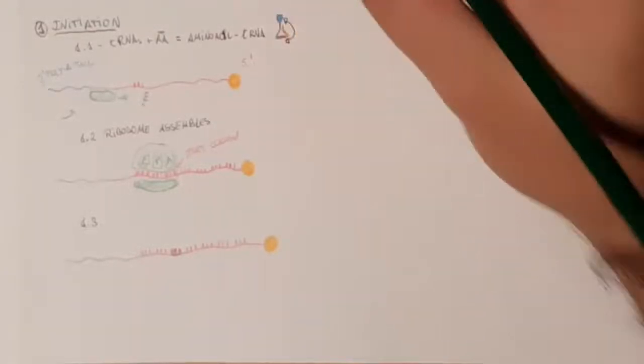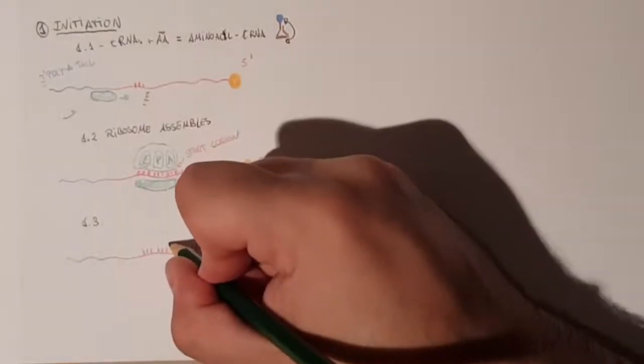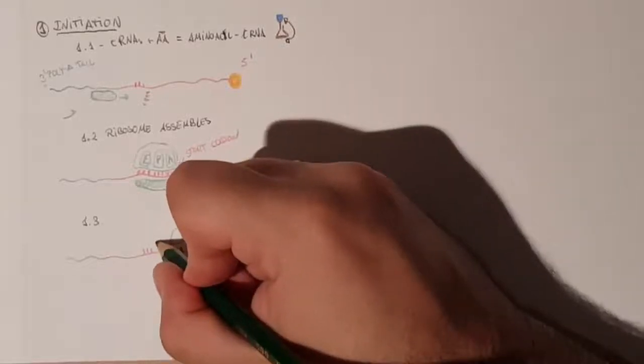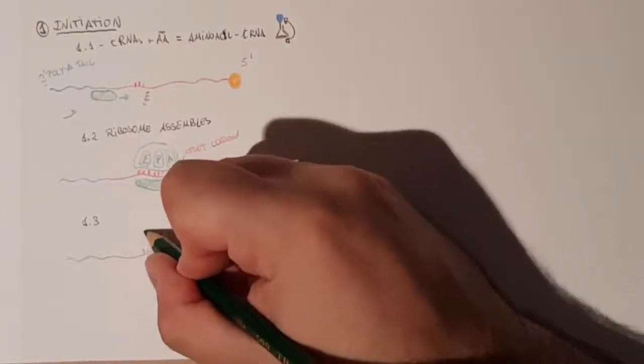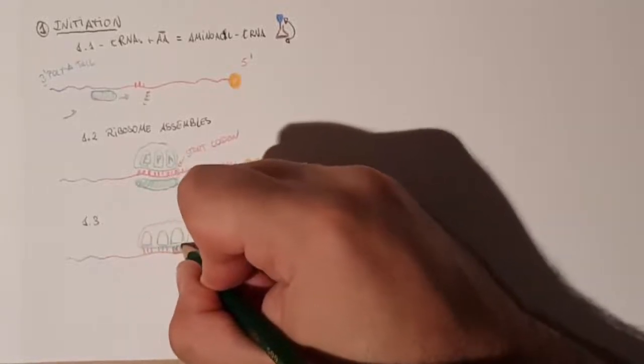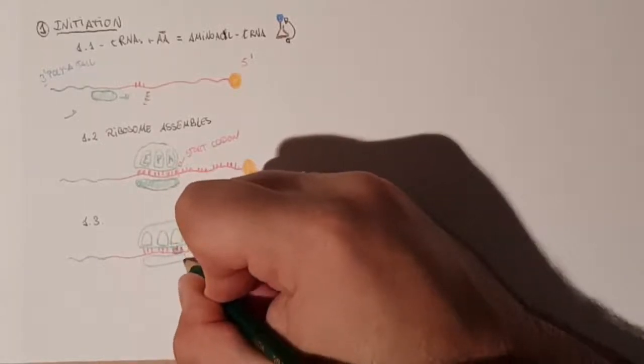It's important that you know that. So this is going to be the A site here at the start codon, then the P site, E site, then the big subunit and the small subunit.